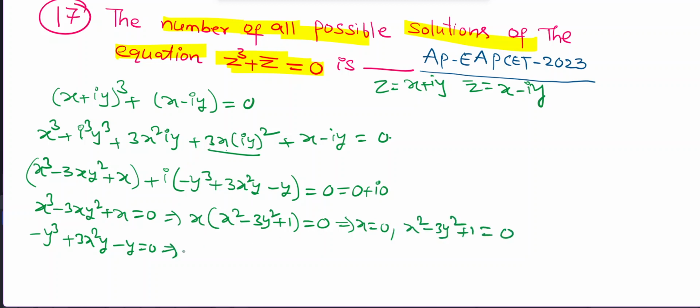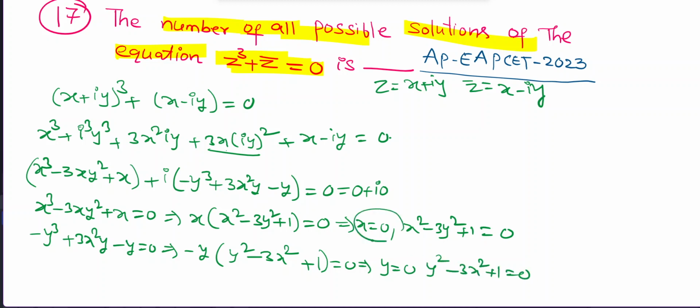From the second equation take minus y common: y square minus 3x square plus 1 is equal to 0. From this y is equal to 0, or y square minus 3x square plus 1 is equal to 0. Here is one point: x is equal to 0 and y is equal to 0. This is one solution, that is the first solution is (0, 0).